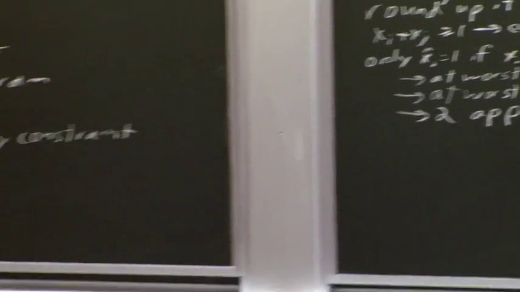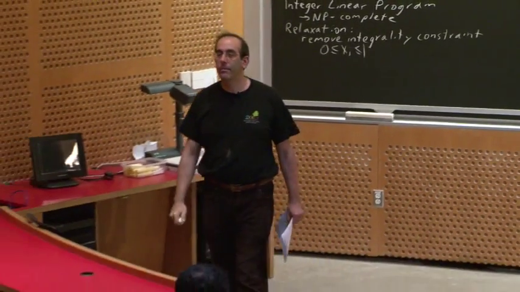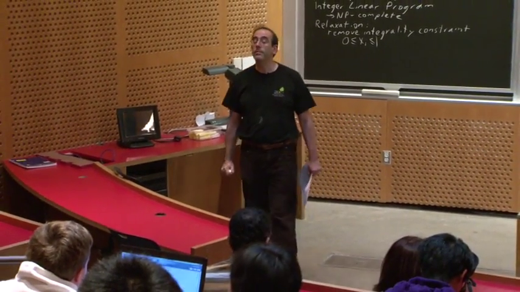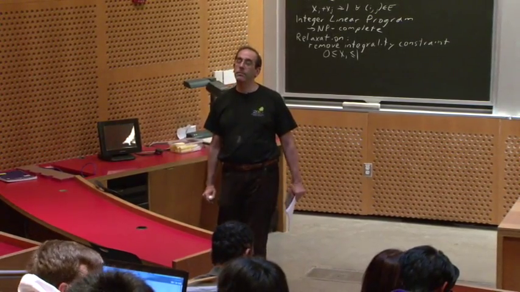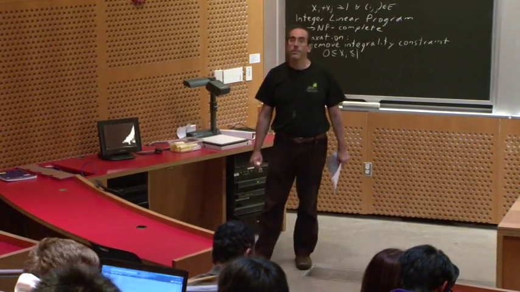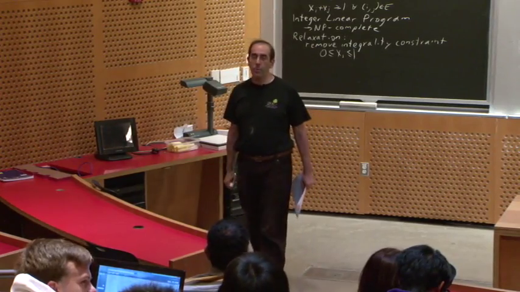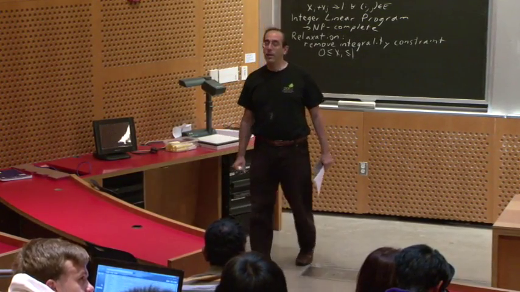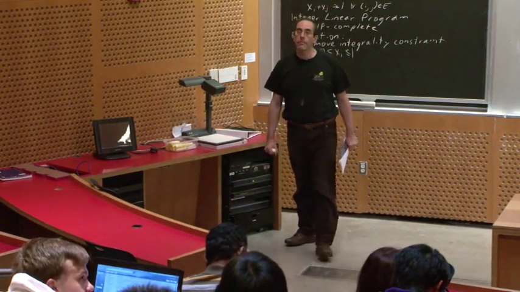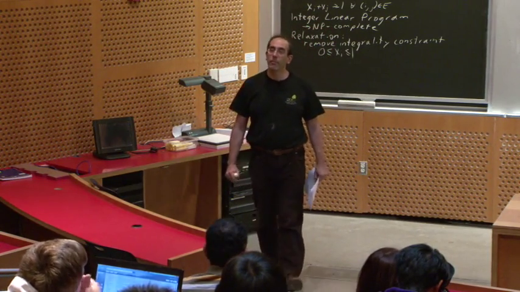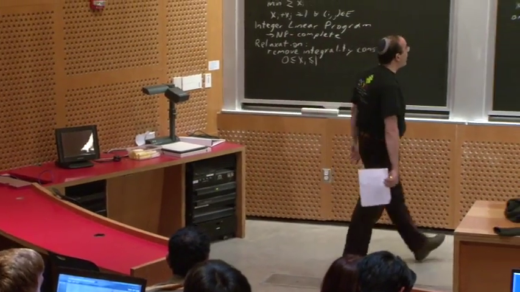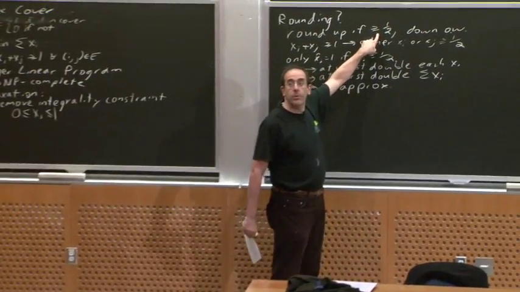A question: in the structure of the constraint, it looks like we have at most 2 ones per column, because the columns are edges. That's correct. There are only 2 ones in each column. So maybe we won't have anything except halves. Well, that's why I round up if the value is greater than or equal to 1/2.